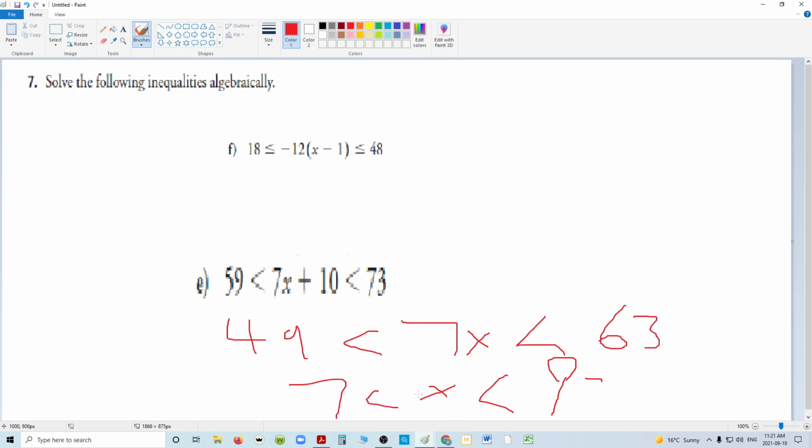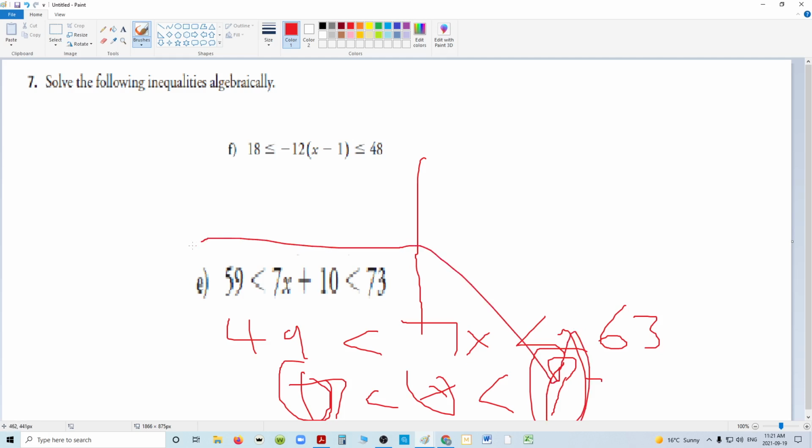I don't know what happened to me there. 7 must be smaller than x, which must be smaller than 9, which means for this to be true, you have to have a number that's between 7.001 and 8.999 for it to be true.